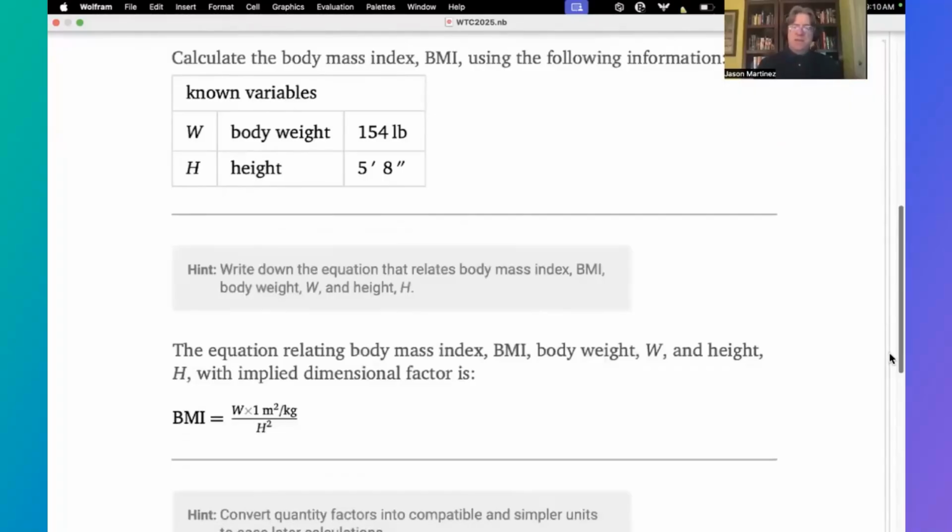So BMI is just weight over height squared, but it has a hidden factor because we want the units to be in meters and kilograms. And so on Wolfram Alpha, we obscure that factor. But when we go through the steps and actually plug in numbers into this formula, we need to actually acknowledge those factors and acknowledge that we are going to make these conversions.